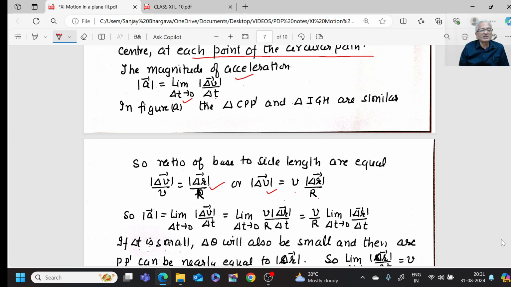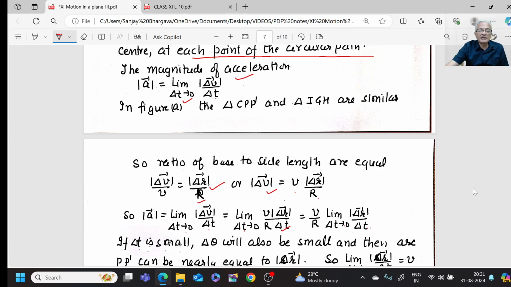So acceleration is the limit delta t tending to 0 of delta v by delta t, which is v upon r times the limit delta t tending to 0 of delta r by delta t, which can be written as dr by dt.